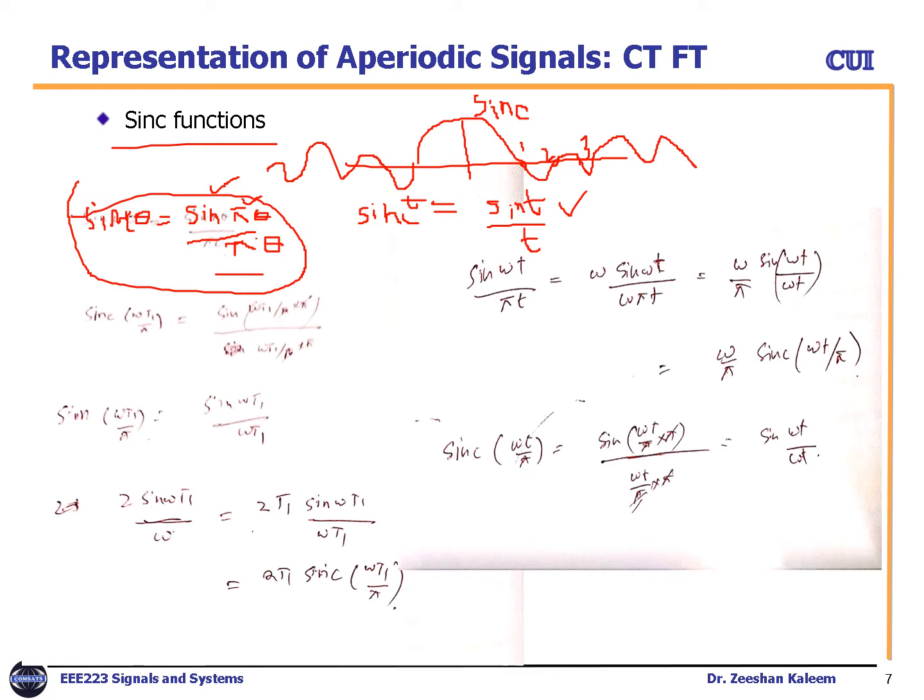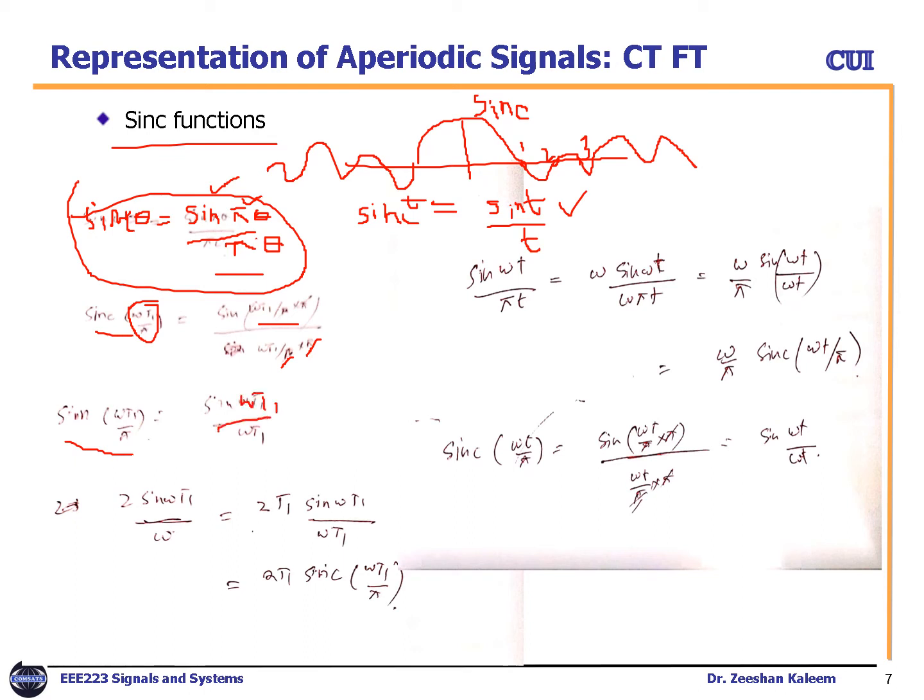So in the previous example, we have seen that we have a sinc of omega t1 over pi. So we can think that omega t1 over pi is theta here, right? If we replace it by theta, just put the value of theta here. For example, sine pi times omega t1 by pi over omega t1 by pi times pi. So this pi will be cancelled out. So it means that sine omega t1 over pi equals sine omega t1 over omega t1.